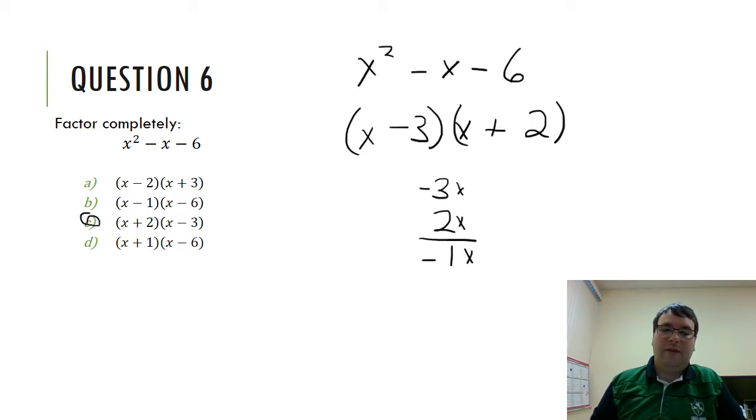We're going to say that's x and x. And now 6, what times what would give me 6? I know 6 can either be a 1 and a 2, a 1 and a 6, or a 2 and a 3. Well, because this middle term has a coefficient of -1, let's try that 2 and 3.